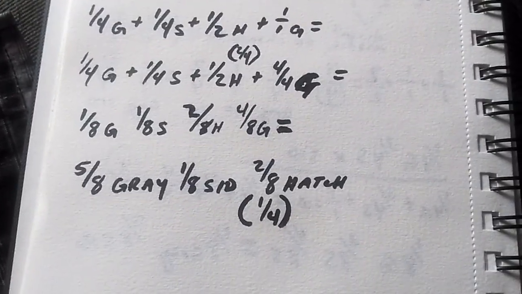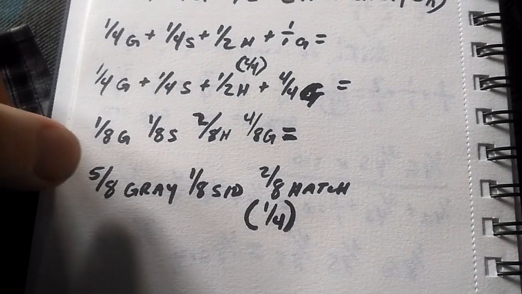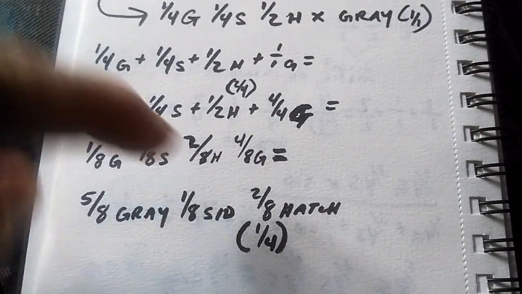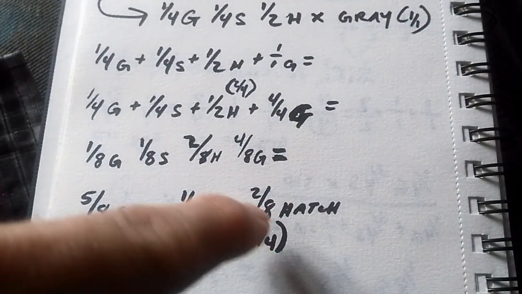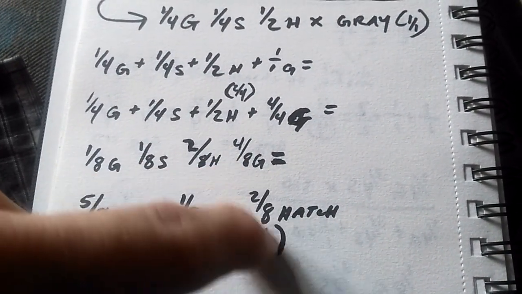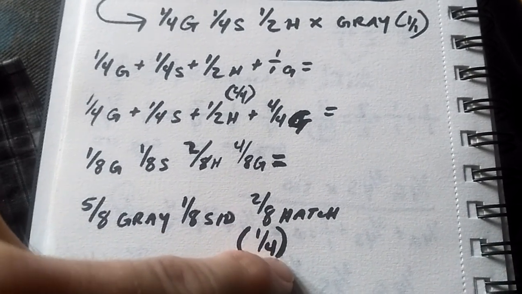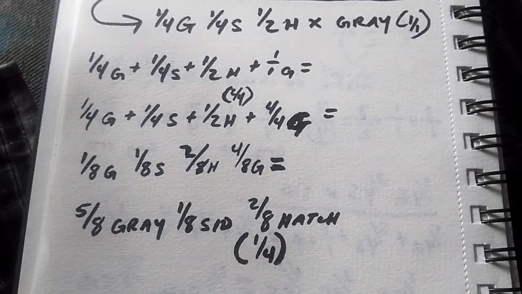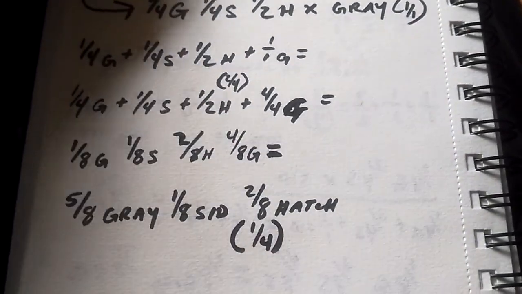So the resulting offspring on that would be 5/8 gray, because you're going to add this one to this one, 1/8 Sid, and 2/8 hatch, which you then round down and say it's a quarter hatch. So this bird would be 5/8 gray, 1/8 Sid, quarter hatch. Okay?